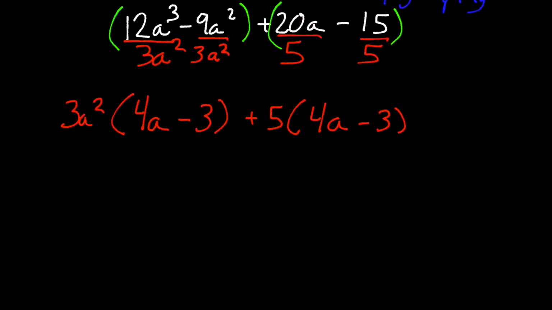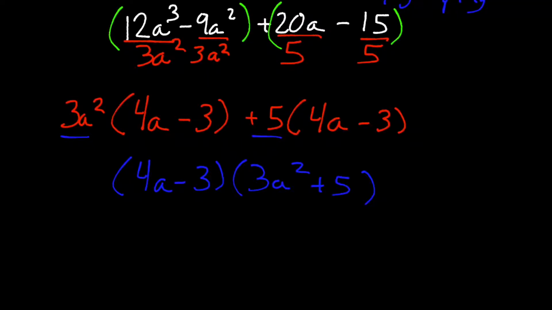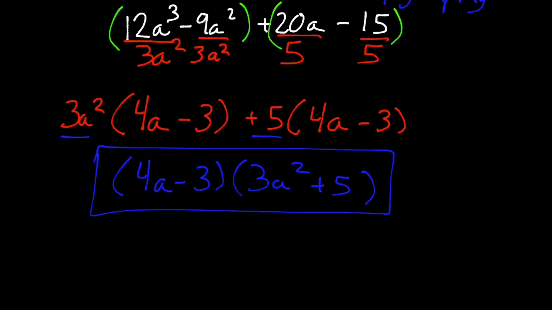I can use the technique for factoring by a common binomial factor and come up with one parenthesis of 4a minus 3, and the second parenthesis made up of our GCFs, 3a squared plus 5. And there's our answer.